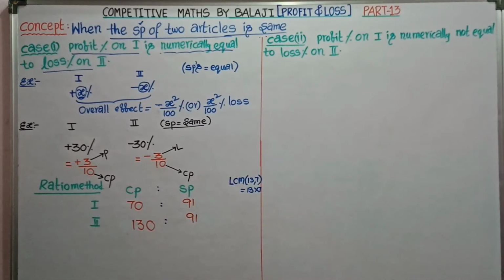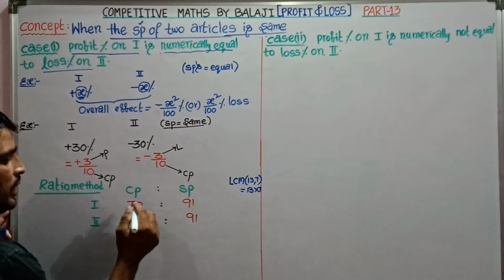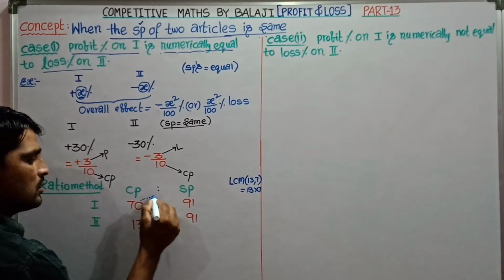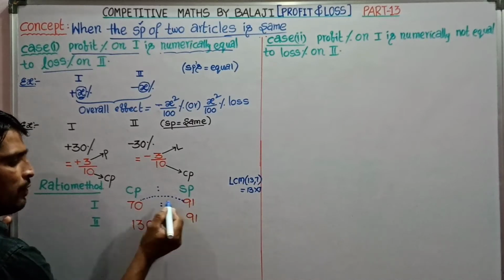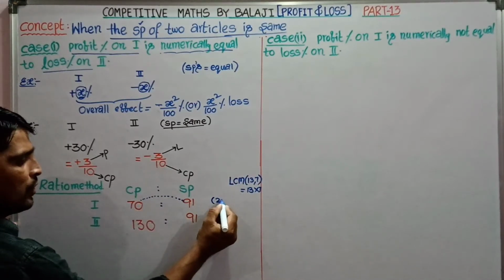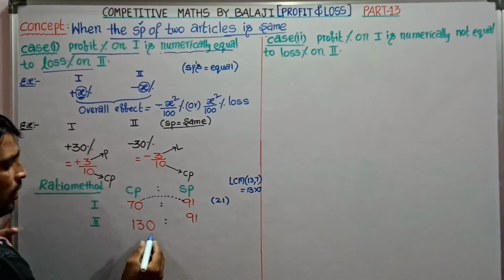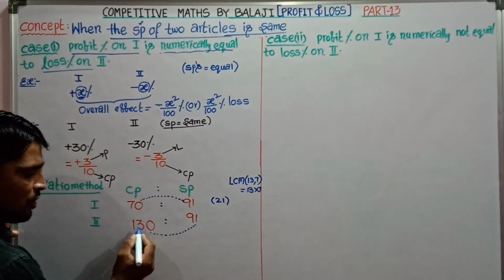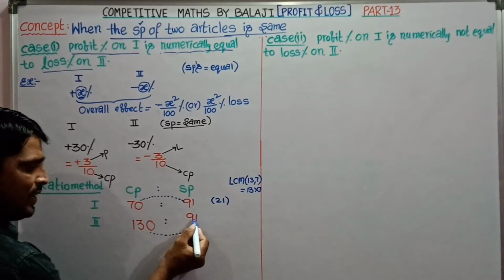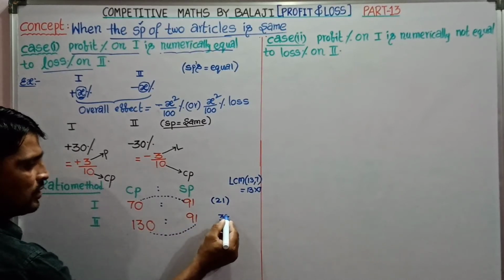Now we have to find the overall effect. There is a profit on selling the first pen, equal to 91 minus 70, that is 21 units. There is a loss on selling the second pen, equal to 130 minus 91, that is 39 units.